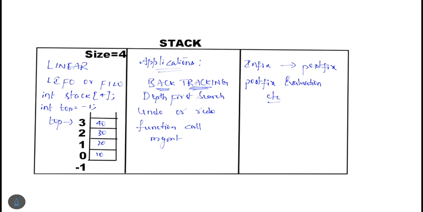Then we have seen the applications. What are the various areas in which the stack can be used? Mainly backtracking. Backtracking means recursion, for example. If you're trying to work with the concept of recursion, which is a very important concept, recursion requires backtracking, because you are jumping from the function call to its own function again.